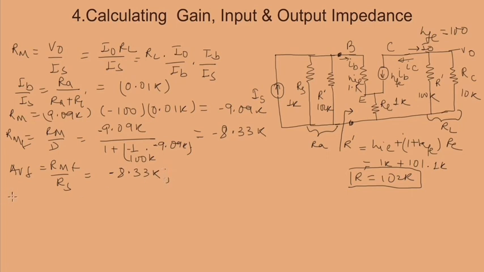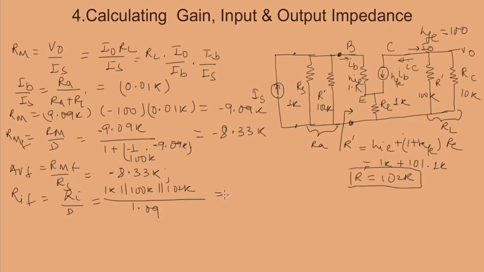After AVF, we have RIF, which is Ri by D. Now this Ri has changed. Previously it was 1K parallel to 100K parallel to 1K. Now it is 1K parallel to 100K parallel to 102K. Ri is 1K parallel to 100K parallel to 102K, divided by the value D, and D is 1.09 for this configuration.